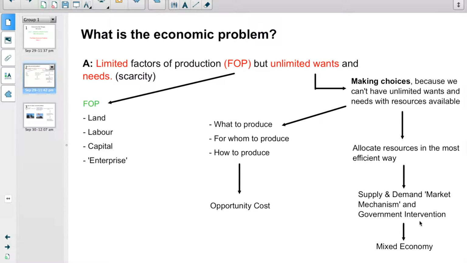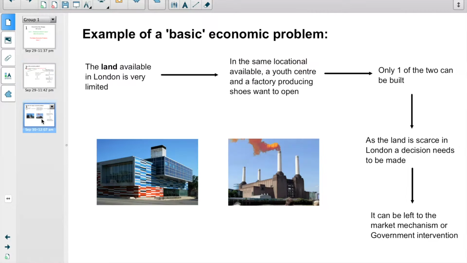Now, if you don't understand some of these terms like the market mechanism, the mixed economy and opportunity cost, then that's fine, because I'm going to be explaining all of these terms in a lot more detail in further videos. Now, just to explain what the basic economic problem is a bit further, I've got an example over here that I'm going to run through to try and help you understand what it means.